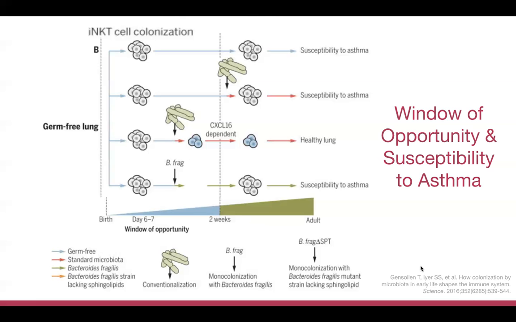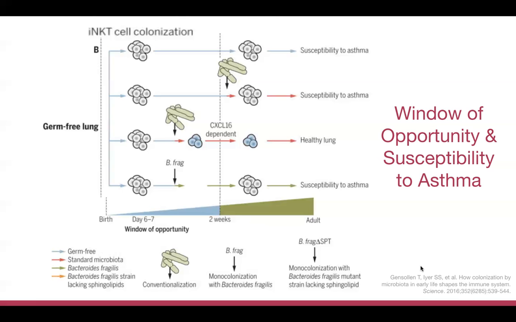In line 3, the germ-free mice who were exposed to conventionalization were exposed during the window of opportunity. And this cohort of animals went on to demonstrate healthy lung development. In line 4, another cohort of germ-free mice were exposed to monocolonization.